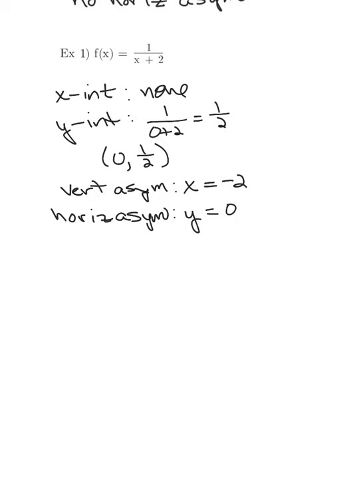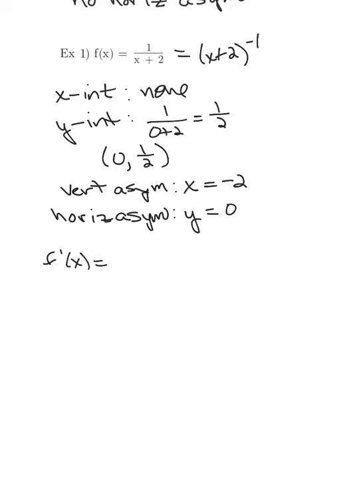To help us find the first derivative, I'm going to go back up to the original and rewrite it as x plus 2 to the -1 power. I'm going to pull that numerator up to the front. This will allow me to do the chain rule instead of the quotient rule to find my derivative, and that's going to be easier. So, f prime.